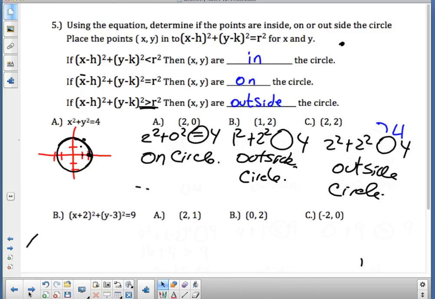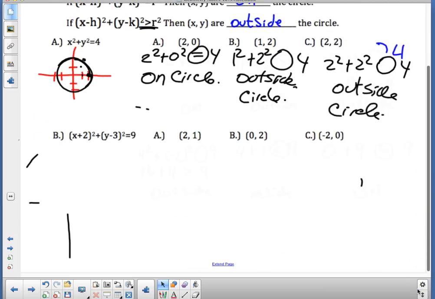What I would like you to do is realize that was a circle at 0, 0. In this next one, I'm going to do the same thing, except the equation I'm going to use is connected to the equation of the circle we're evaluating. Actually, not equal to 9. I'm determining what goes in there.